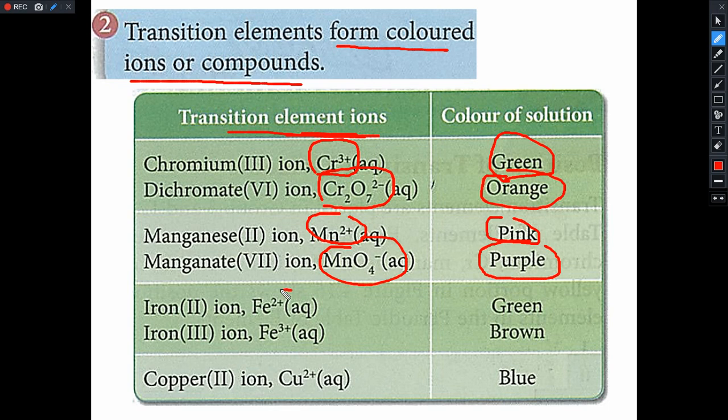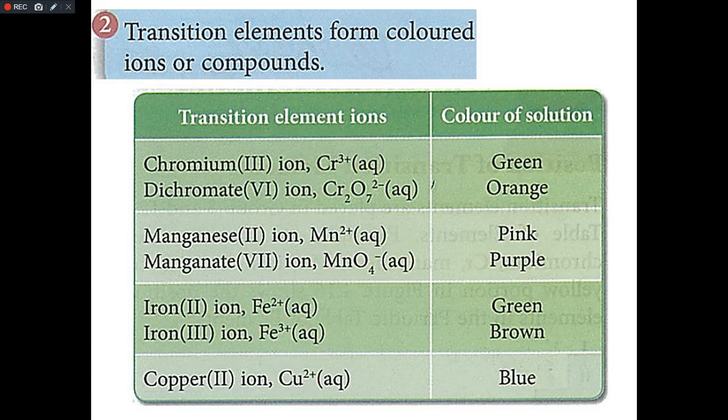And iron(II) ion, green color. And iron(III) ion, brown color. And the last one, copper(II) ion, is blue color. These are the colors of the solution where these transition element ions dissolve in the solution.